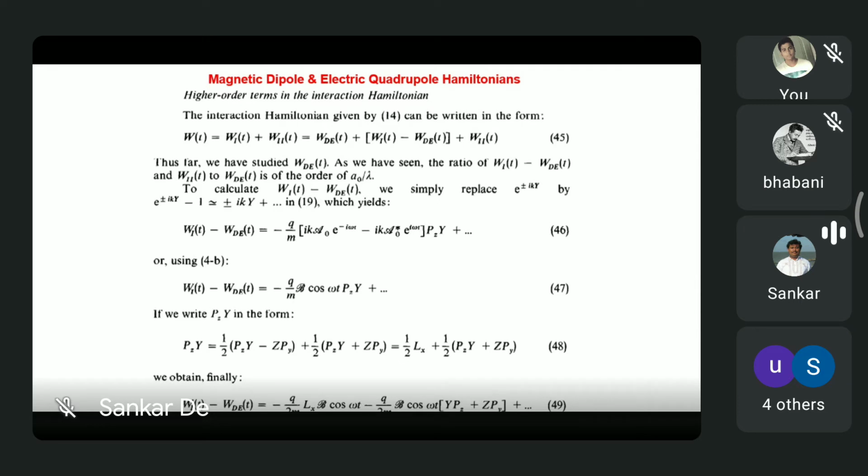So in equation 45, the first term, W_DE, is the dipole electric interaction term of the Hamiltonian, which we have worked out. But the second term is W1 minus W_DE. This is the difference between W1, which has the power expansion terms, and W_DE, which only takes the first term of that.